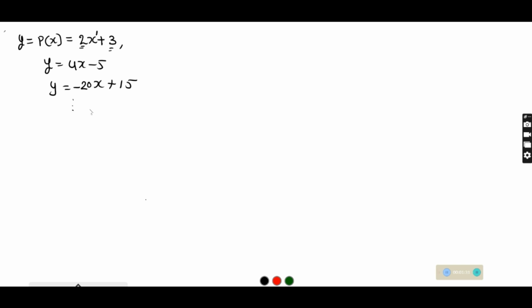To generalize the linear equation we use constants, or coefficients as they are called. Instead of writing 2 here, 4 here, minus 20 here, the number before x, like 2, 4 and minus 20, we can write any number of linear equations.